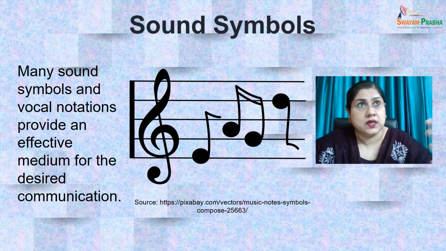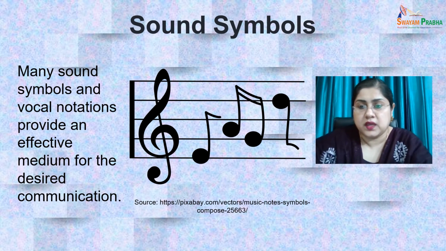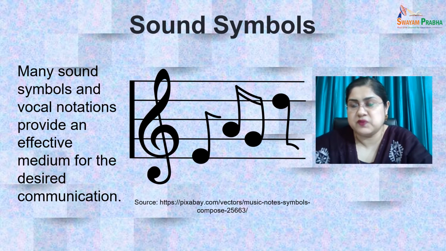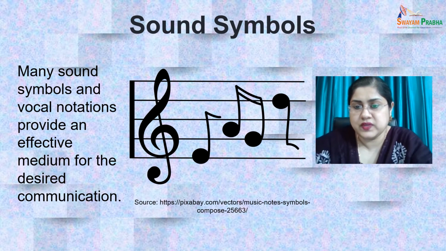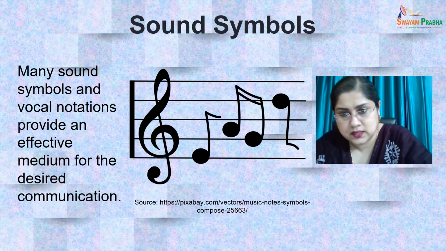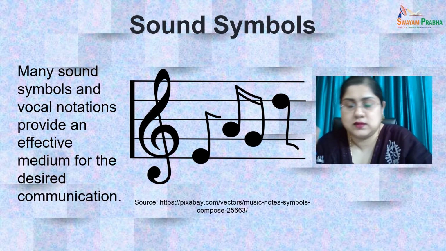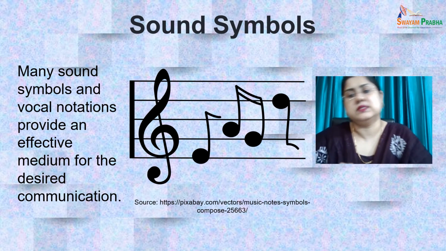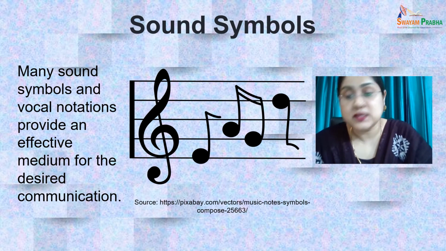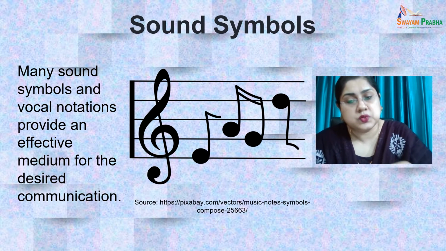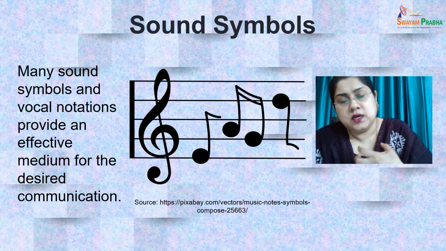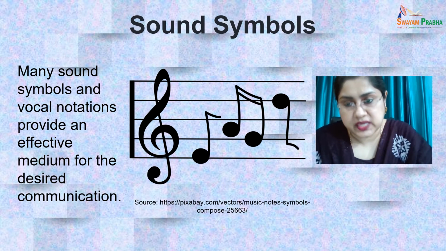For example, in a club or a program where the dance performance is too good, we at times whistle to motivate the performer. So one particular sound can have various meanings. It depends on the tone, the volume, the situation, and also the mood of the communicator.